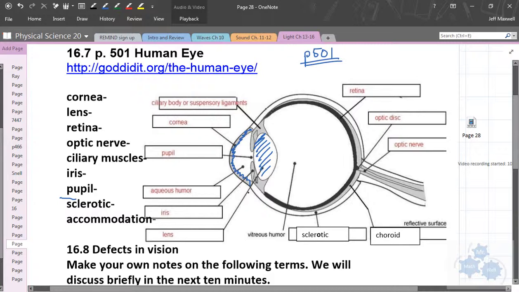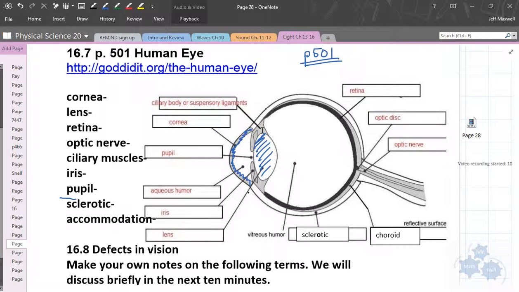Okay, so there are ciliary muscles that are attached to the suspensory ligaments. So muscles attached to ligaments attached to whatever they're moving, in this case, the lens. In other parts of your body, muscles attached to ligaments which attach to bone. The muscles move, and the ligaments are grabbing onto the bone, grabbing onto the muscle, and that sort of thing.